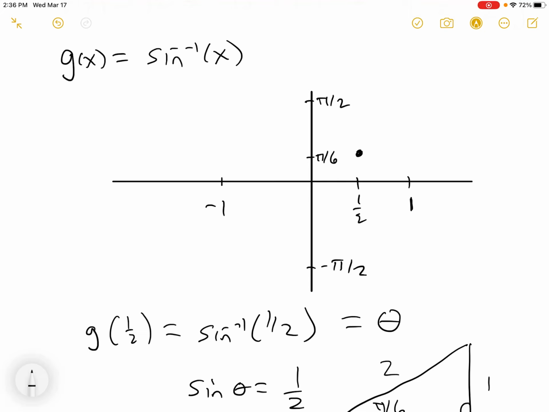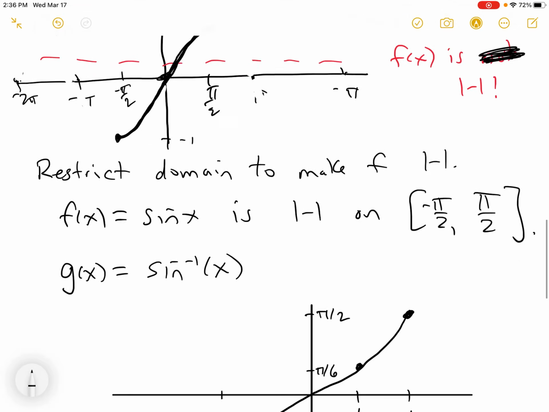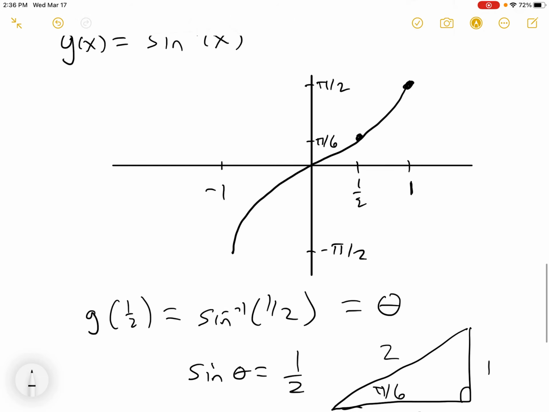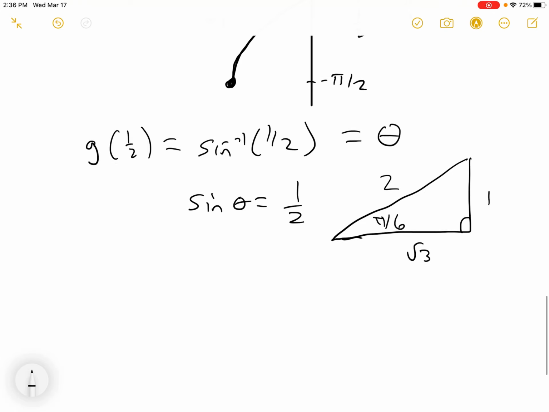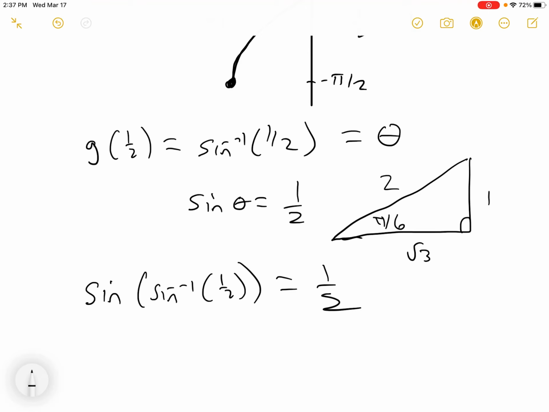And so it looks like this. And that is sine inverse of x. The inputs are numbers and the outputs are angles. And sure enough, if you take the sine of the sine inverse of 1/2, you get 1/2.